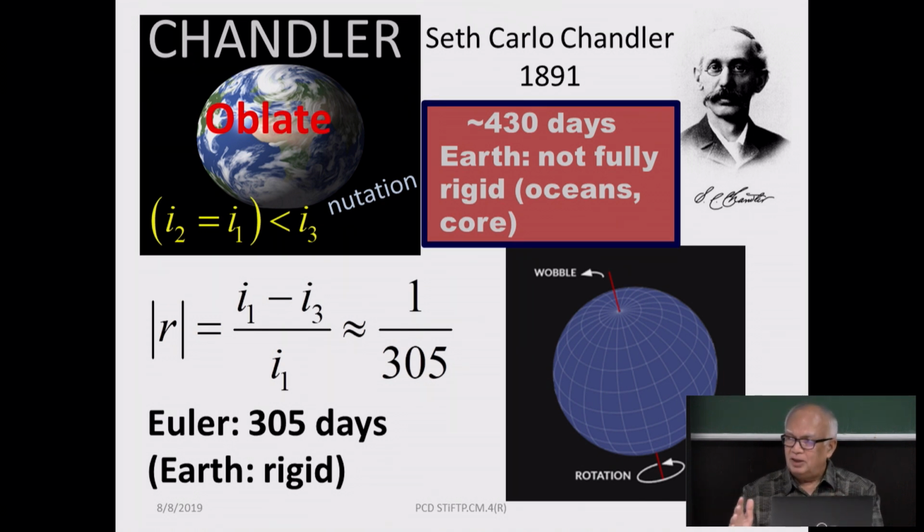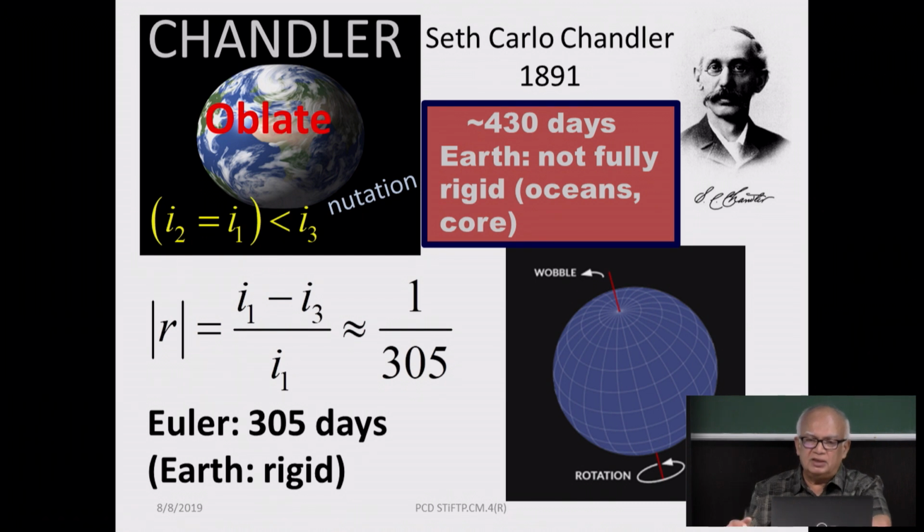So if you determine the three components of the moment of inertia, the two orthogonal components in the equatorial plane will be equal, but they are not equal to the component along the axis. And as a result, there is a little bit of wobbling that takes place, like nutation.